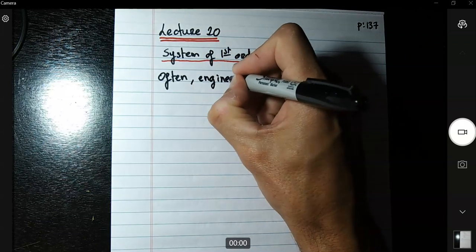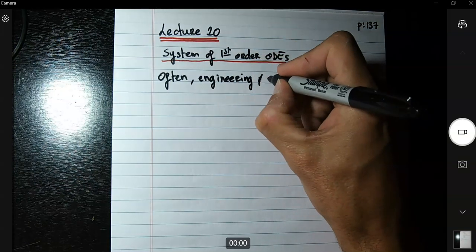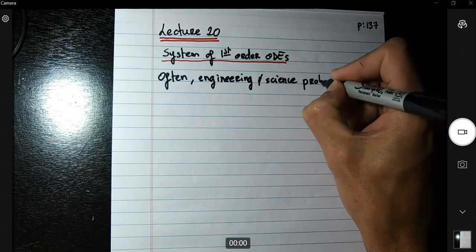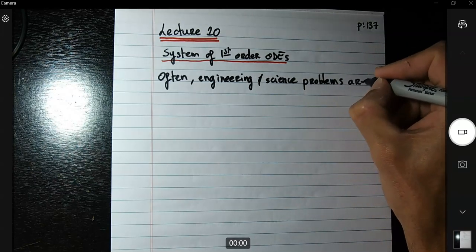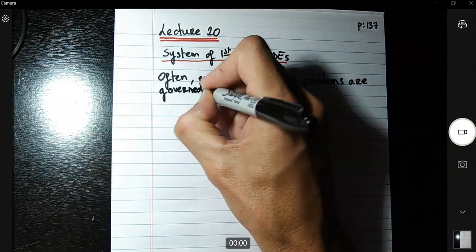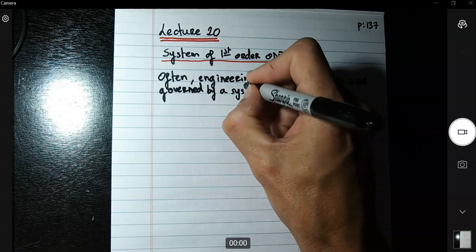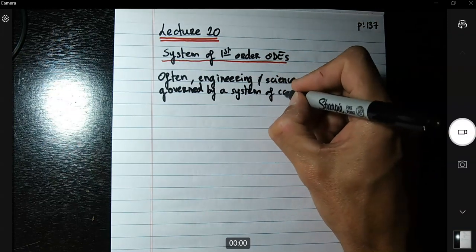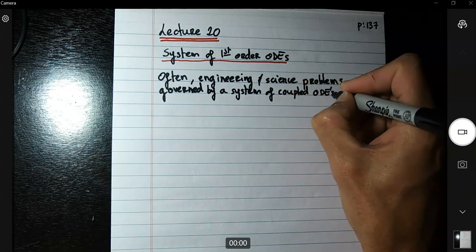So often engineering and science problems are governed by a system of coupled ordinary differential equations.